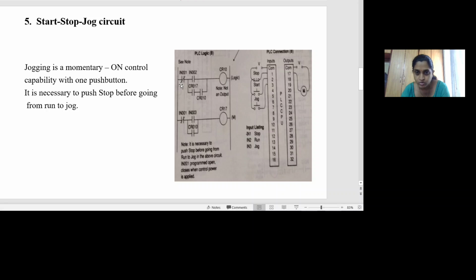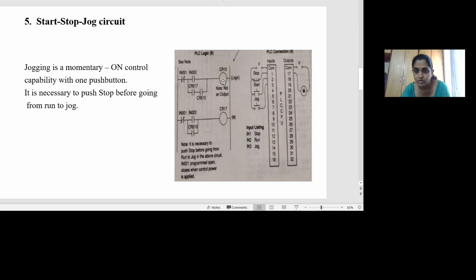So this is normally closed. 001 is normally closed by default. First I'll start running, so the motor starts running. In that case, 002 is energized, so this contact will close. So we have a closed path between the two power rails.